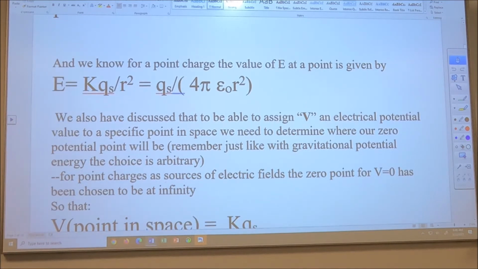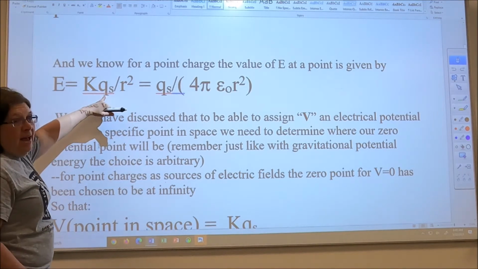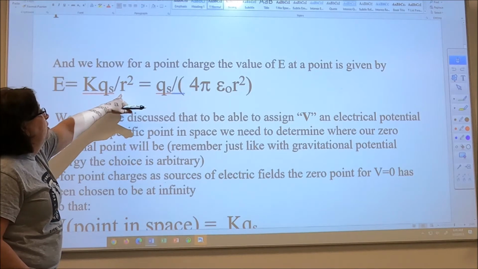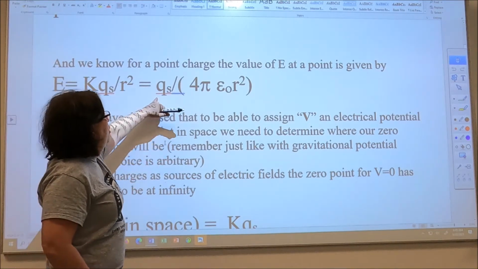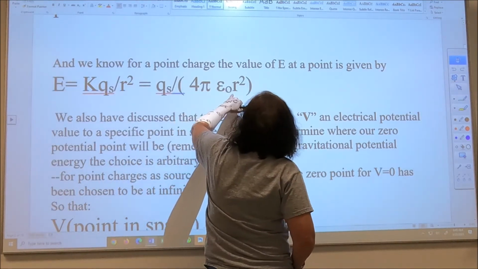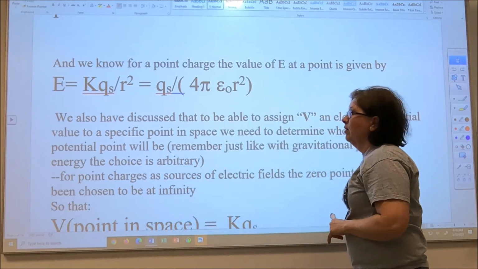If we have a point charge, we know that as we move out from a point charge as our source charge, the strength of the electric field changes. Remember it's K Q_S, the charge of the source, over R squared, or Q_S over 4 pi epsilon 0 R squared.